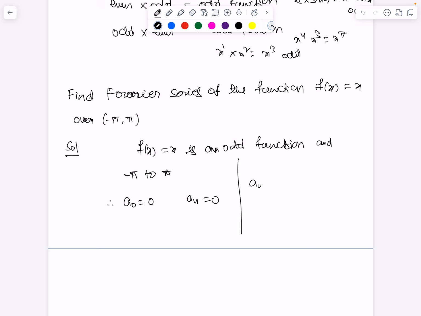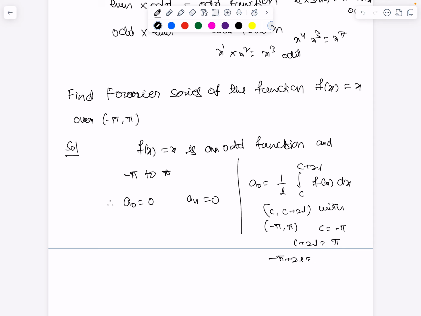Suppose a0 you want to find: 1 by L integral c to c plus 2L f of x dx. So you compare c to c plus 2L with minus pi to pi. c is equal to minus pi, c plus 2L is equal to pi. Therefore, minus pi plus 2L is equal to pi, which implies 2L is equal to 2 pi, L is equal to pi.